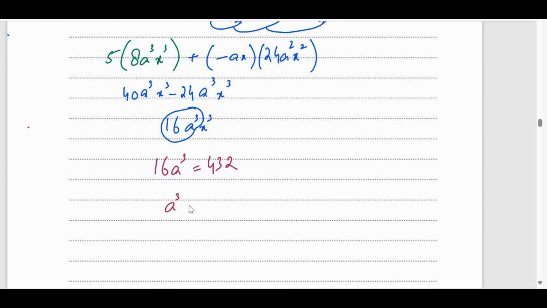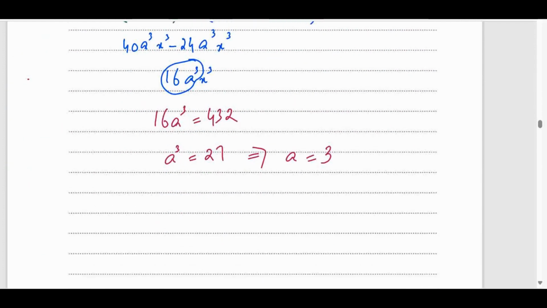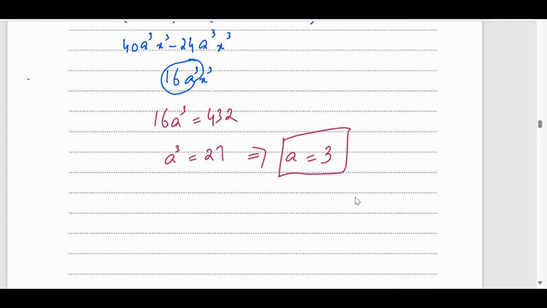So a cube is equal to 27, and if we take the cube root, a is equal to 3. This will be the final answer.